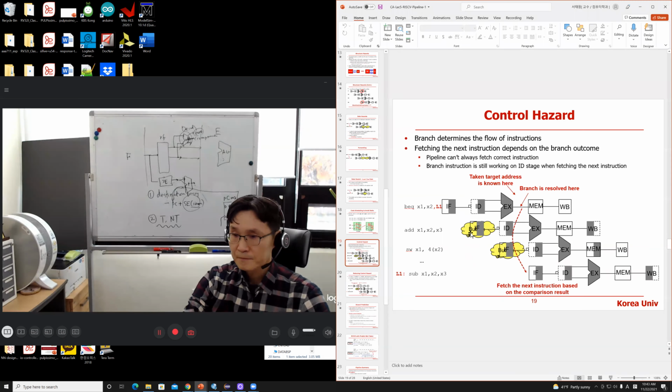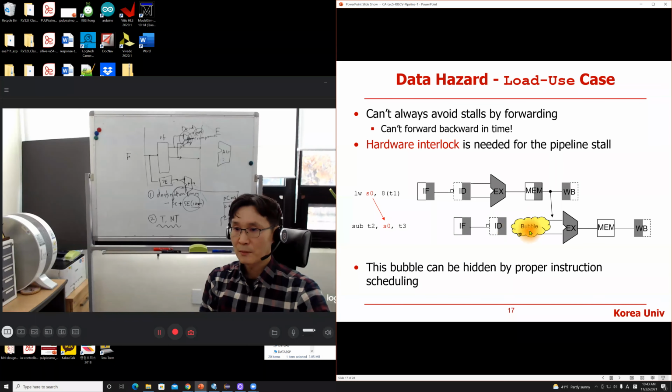Here, you have to stop the pipeline for one clock cycle. If you look at this timeline, in this particular clock cycle you have a memory access stage and decoding stage, and fetch stage below.